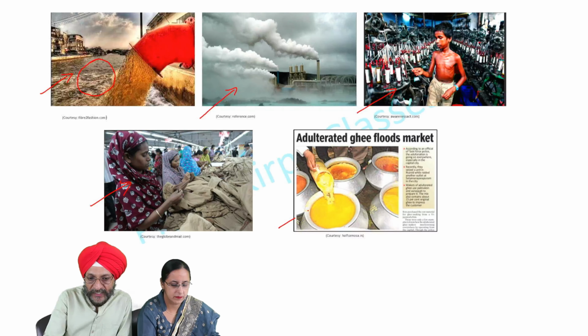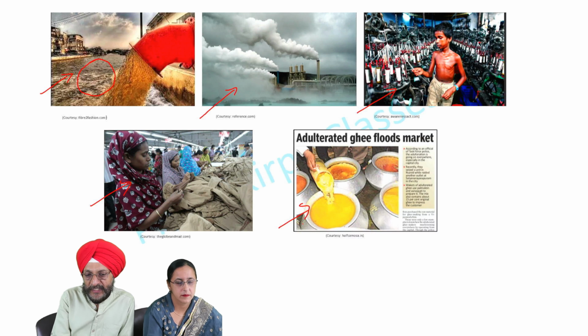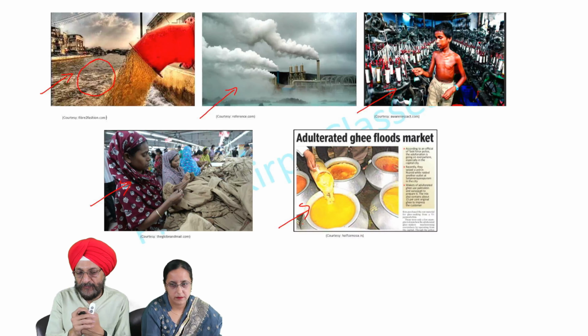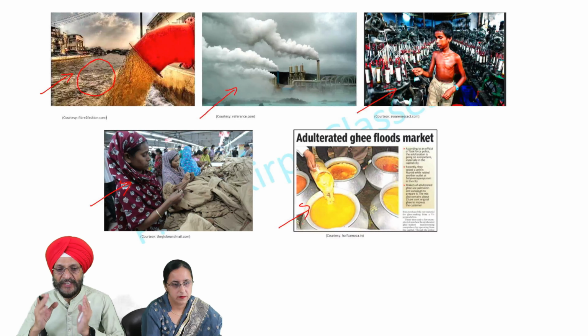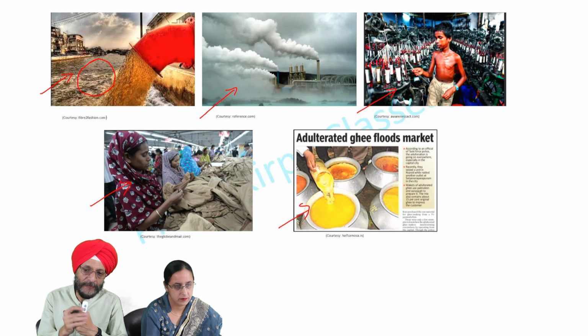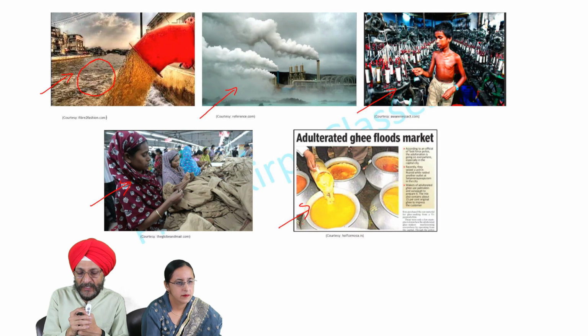In the next picture, you will see a news item appearing in some newspaper which says that adulterated ghee floods market. That is, some organizations or individuals are selling adulterated ghee in the market. Adulterated ghee is the ghee which is not made of milk, but it has the mixture of crushed bones, palm oil, animal fat, which is harmful for the society.